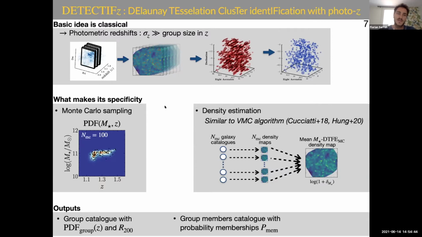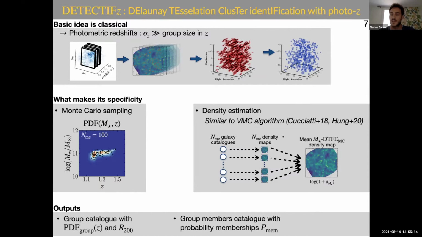The specificity of DETECTIVZ is the way it uses the probability distribution function of stellar mass and redshift, by doing a Monte Carlo sampling of this 2-dimensional probability distribution function to have 100 Monte Carlo realizations of the galaxy catalog. This is going to be used in density estimation. For each Monte Carlo realization, we can compute a density map, and then we take the mean density map over the realizations.